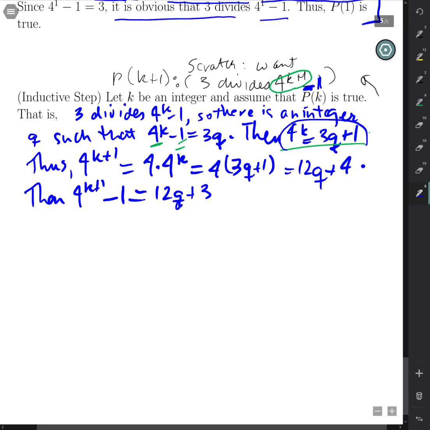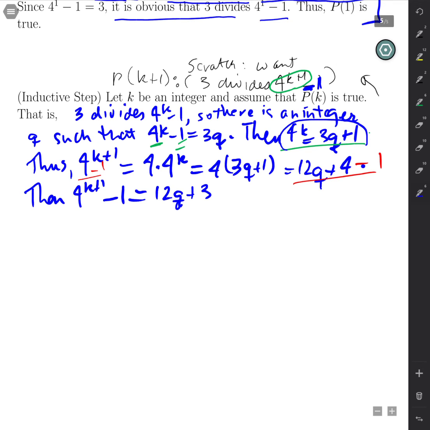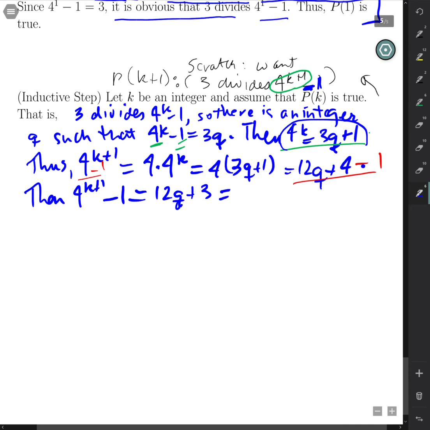Scratch again here, I'm not actually putting this in the proof, but I've subtracted a 1 on each side. Well, that's pretty close, because this is equal to 3 times 4q plus 1, and what I wanted to do is show this is divisible by 3, that is, show it's a multiple of 3. But it is then, right?